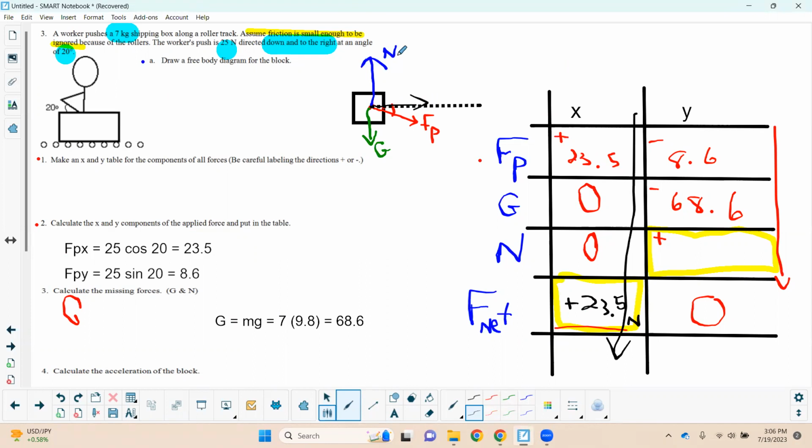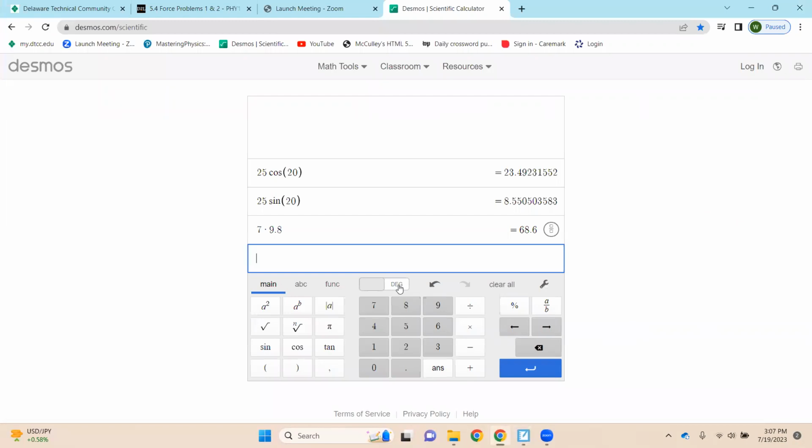For the Y direction, we need to figure out what the normal force is. So we're going to solve for this. Essentially we have this green arrow for gravity going down, and if I draw this in, there's some amount of the push going down. These two downward forces are being canceled out by this upward force, the normal force. So if I add these together, I go back to the calculator, it would be 68.6, and then plus, what did we say, 8.6, because that was our Y component here.